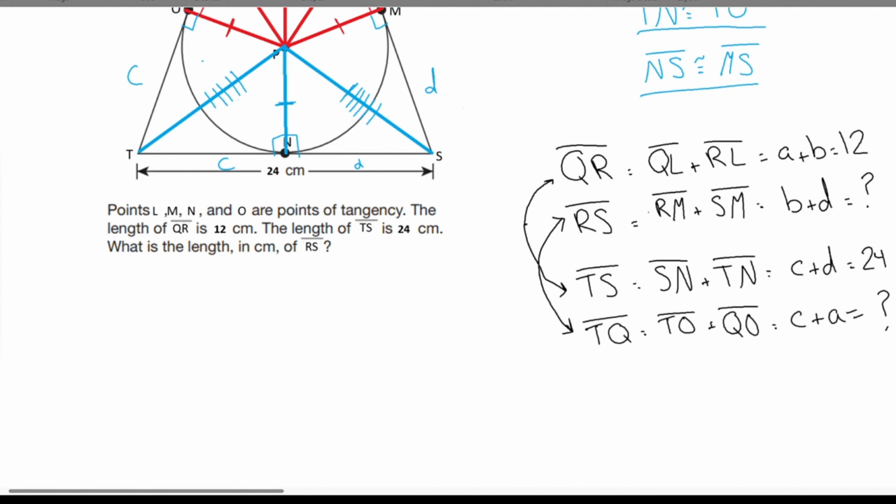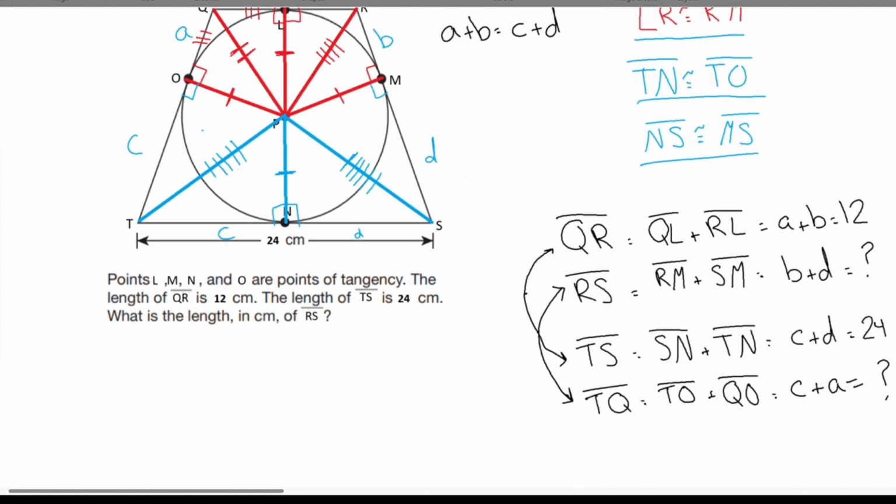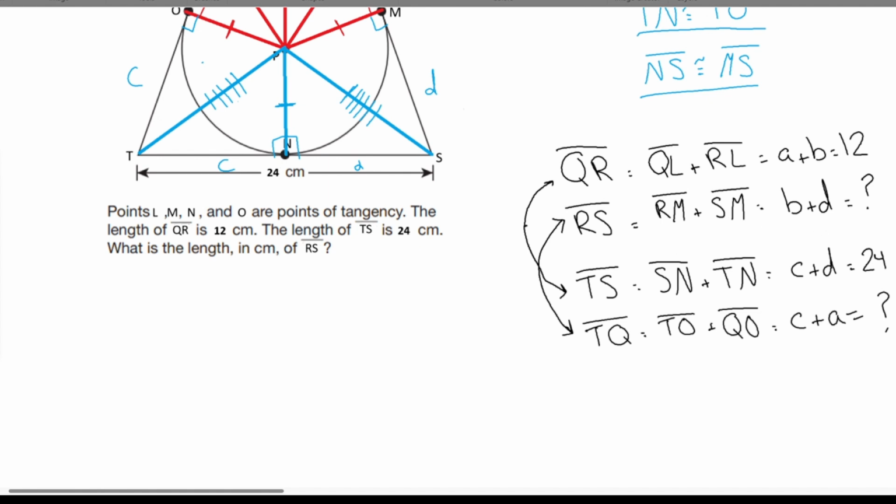This is what the tangential trapezoid property is. Look, RS plus TQ is the same as what we got here, B plus D. RS is just B plus D. And this equals C plus A. Or plus, sorry. We're adding them. So C plus A, and we'll put these in parentheses just to show that I'm grouping these.